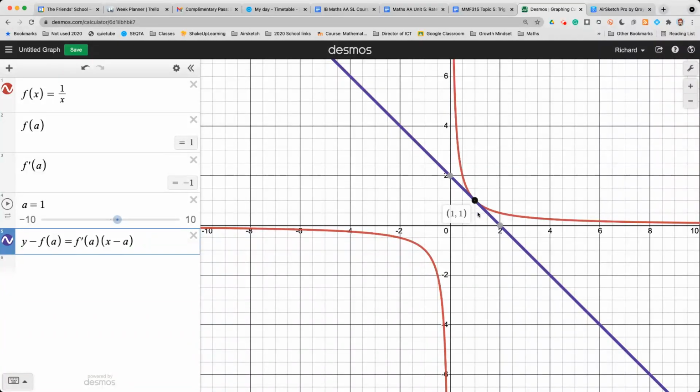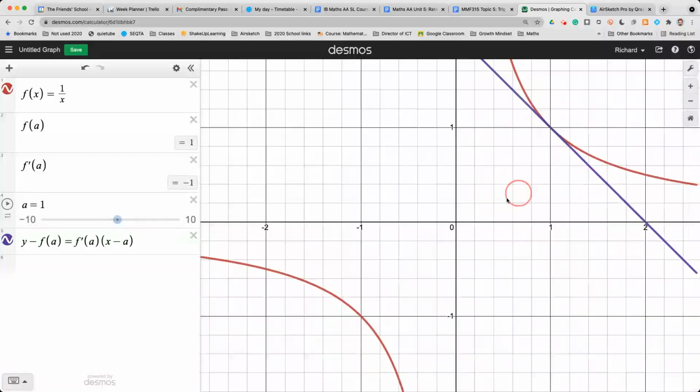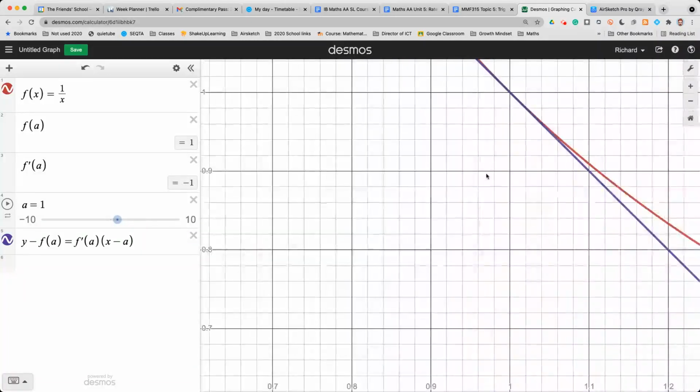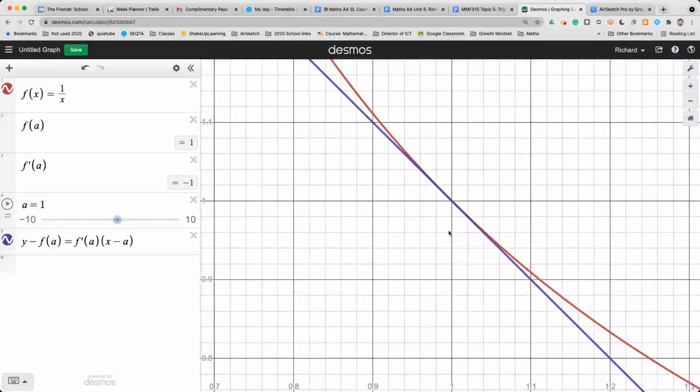But the thing I wanted to really point out here is that if I zoom up more and more and more and more, can you see that it is in fact touching that graph and then moving on from it again? So when you have a line that approaches a graph at a particular point and then keeps moving on, as opposed to just cutting through the graph, it's called a tangent line. So this is a tangent.